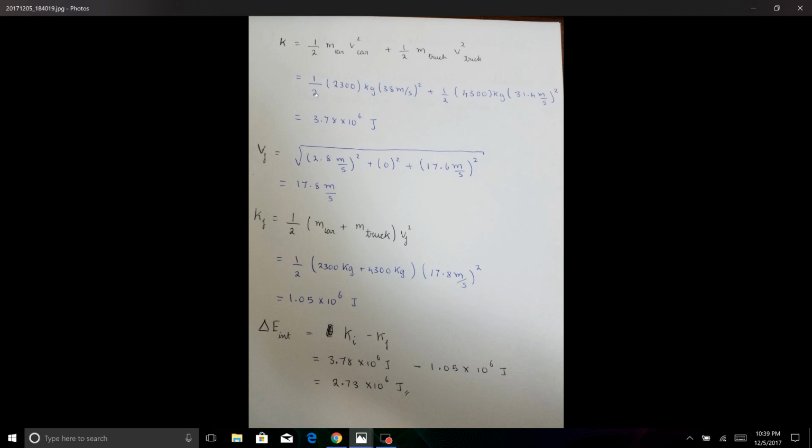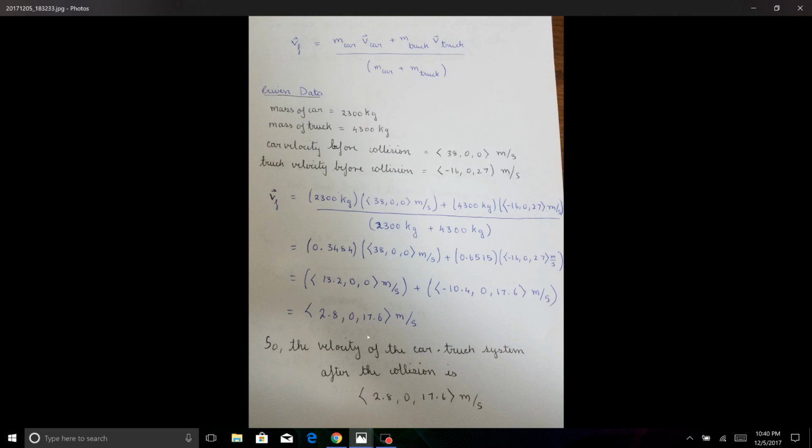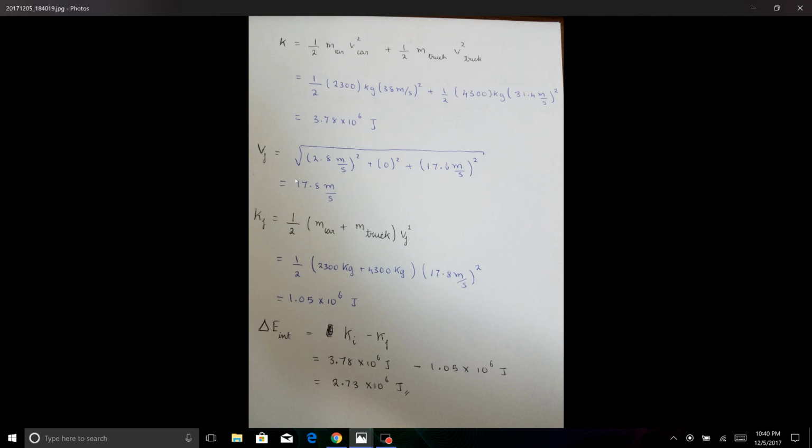Once I found that, I found the magnitude of the velocity of the car-truck system after the collision. It's basically the square root of 2.8 squared plus 17.6 squared. I'm just taking the magnitude of the final velocity which we found, and I get the value of 17.8 meters per second.